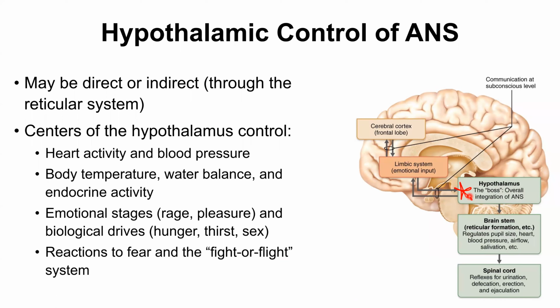In terms of controlling the autonomic nervous system, it may have a direct or an indirect response, and this is going to happen through our reticular system. Some of the centers of hypothalamic control would be controlling things like heart activity and blood pressure, body temperature, water balance, and endocrine activity.